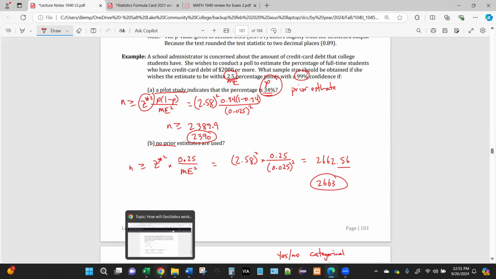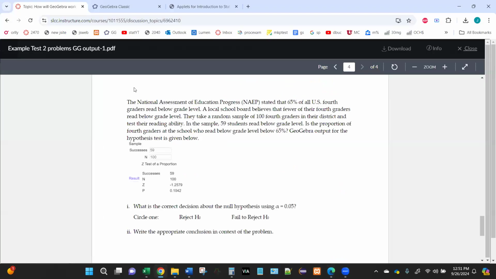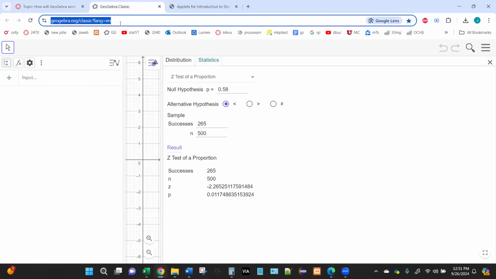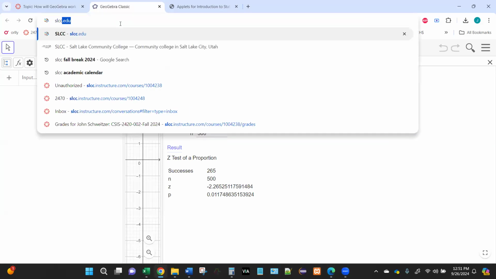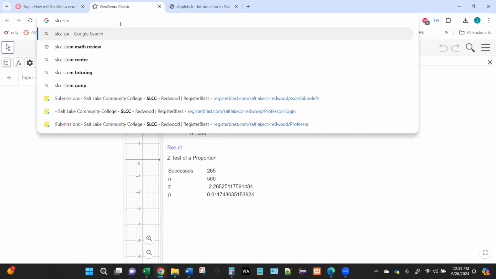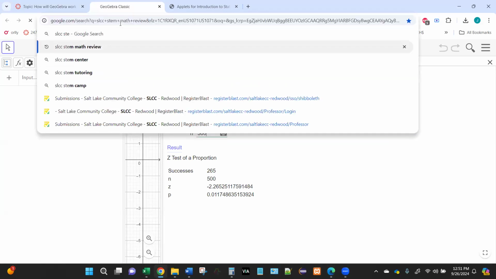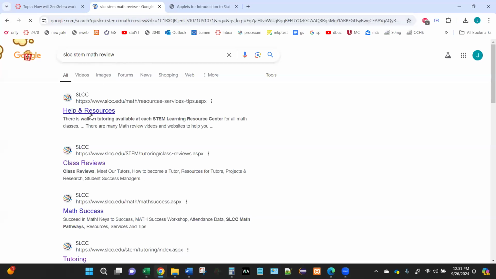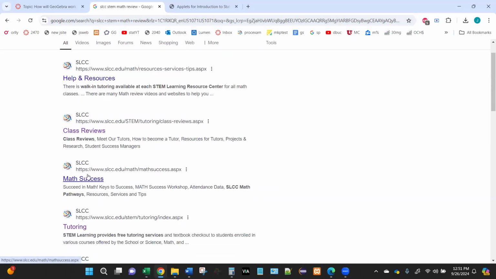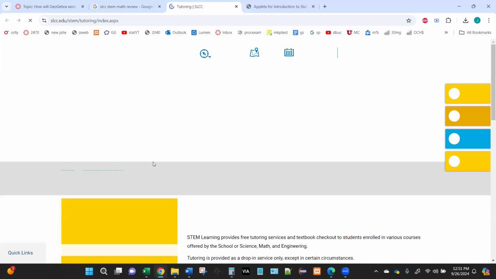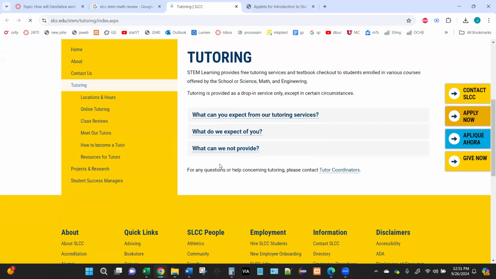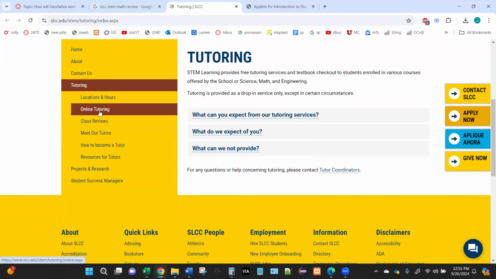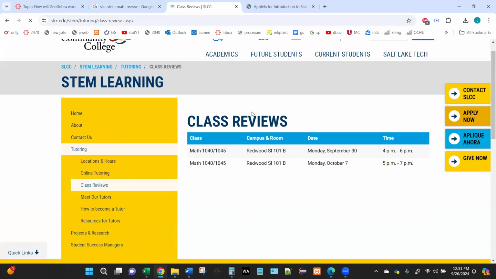Also, I do believe that the STEM Center is doing some reviews. So let's look that up. If you go over here to the SLCC STEM Center, and you go to their tutoring, let's see here. I believe they have some class reviews.